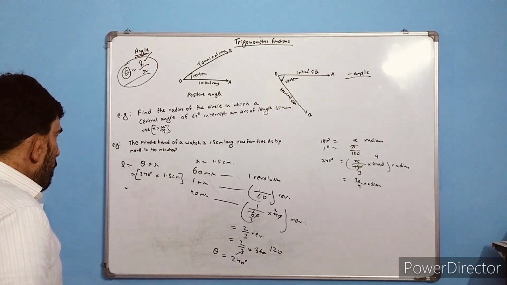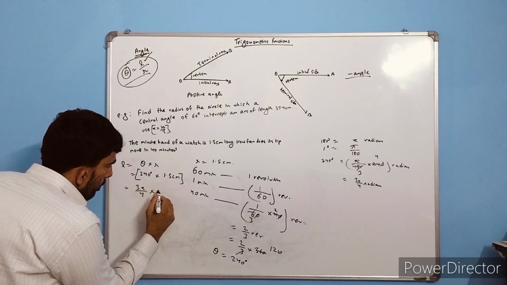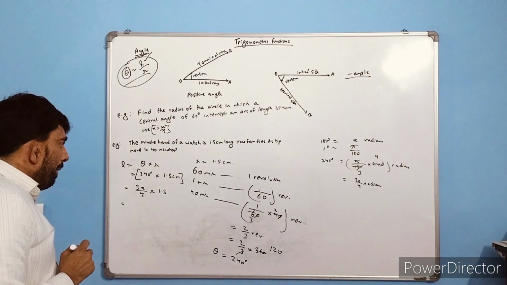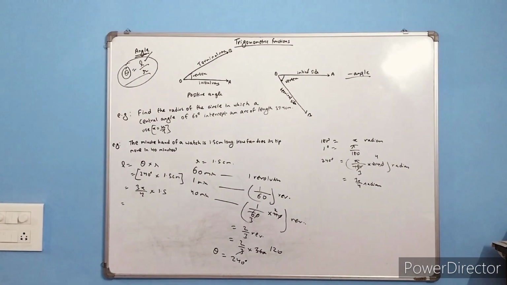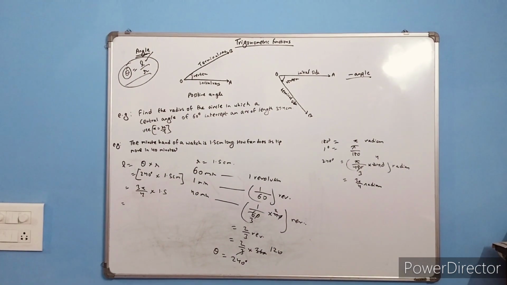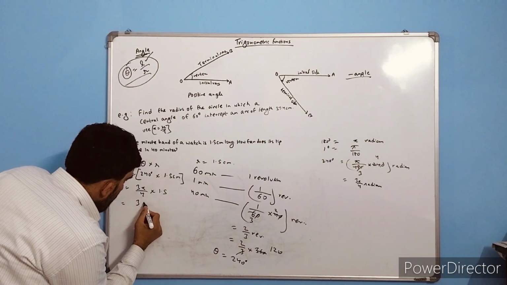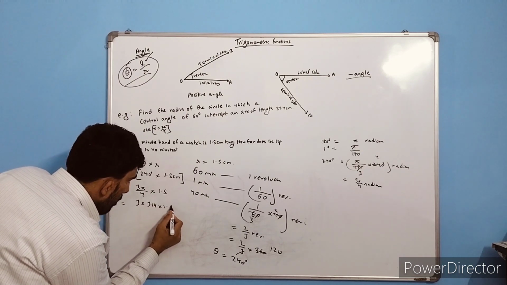Now I can put in 4 pi upon 3 into 1.5, and easily calculate. Here we can use the pi value as 3.14, because the radius is already given in decimal form.